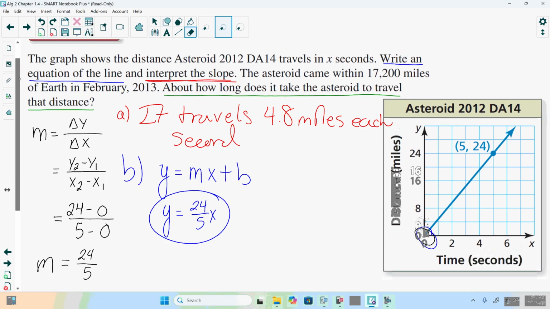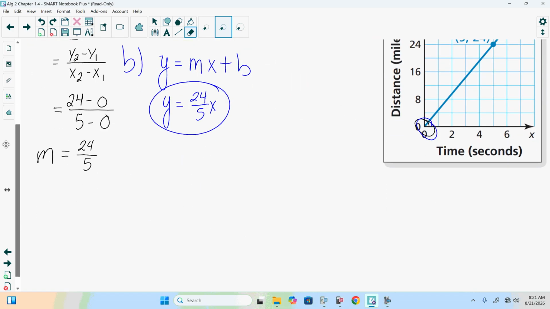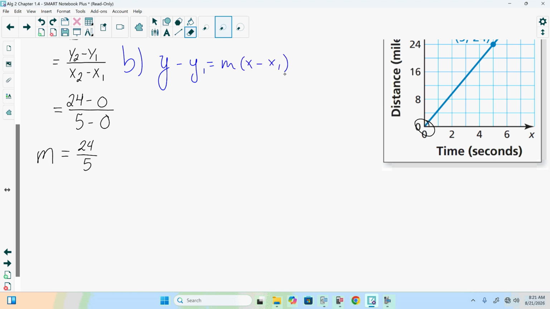That's algebra 2 in a whole. If you are not sure, you do not need to write this, because if we weren't sure on this, we could have gone to y minus y1 equals m times x minus x1. And we could use the point they gave us. And we'll do more of this here.